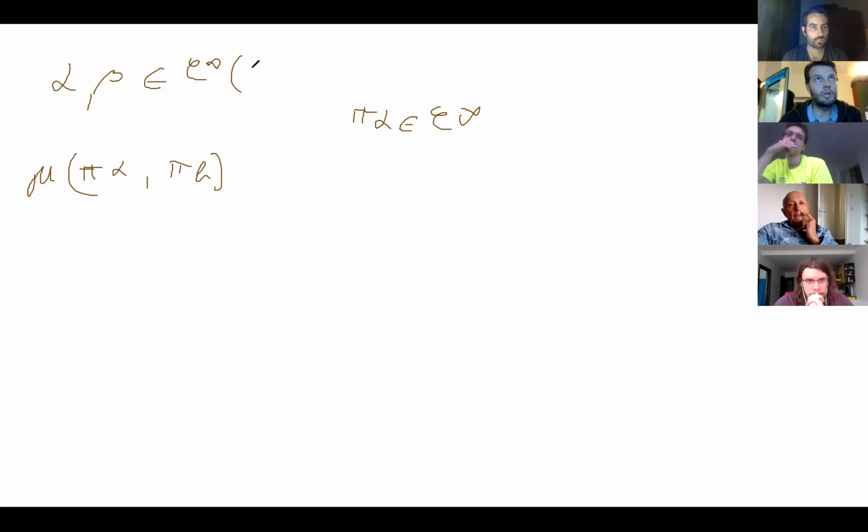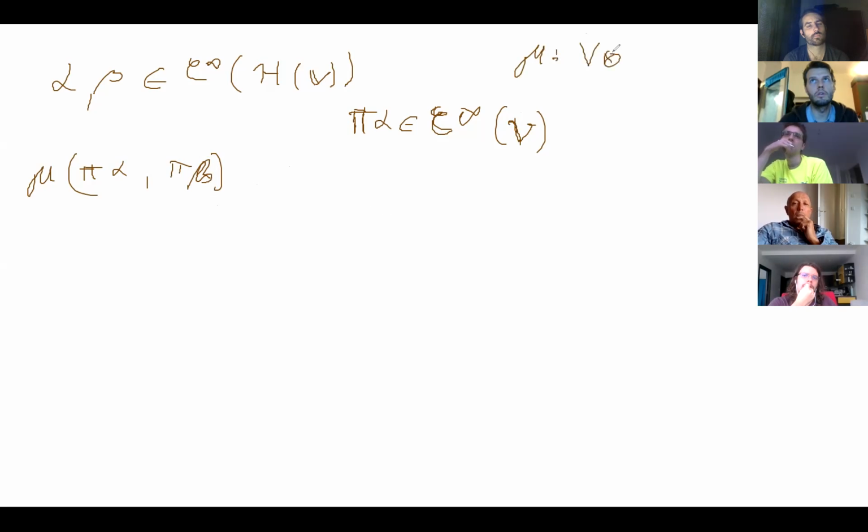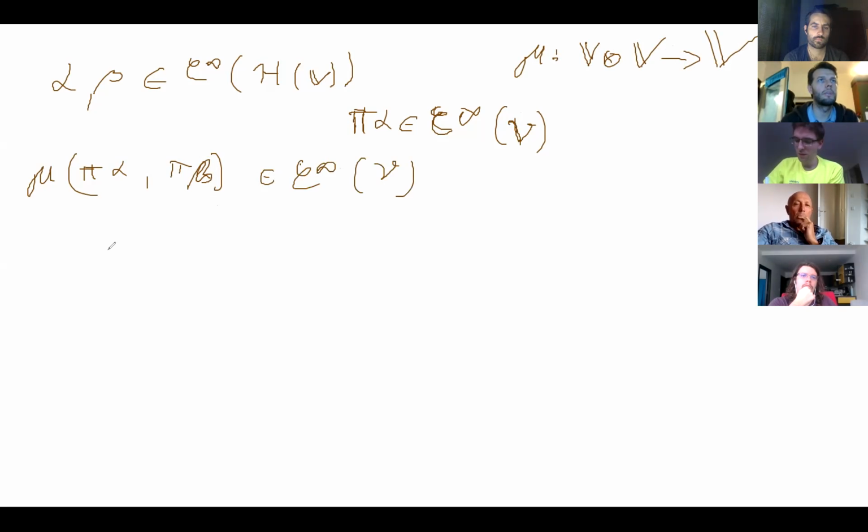So you take 2 sections of the homology bundles, which are associated to this representation V. Then this pi alpha lands in sections of bundle associated to V. So the values of pi alpha and pi beta are in the fiber in V. So you can hit them with mu, which goes from V tensor V to V. So this is again a section of the bundle associated to V, and so you can hit it again with this pi, maybe projection to homology, this mu.